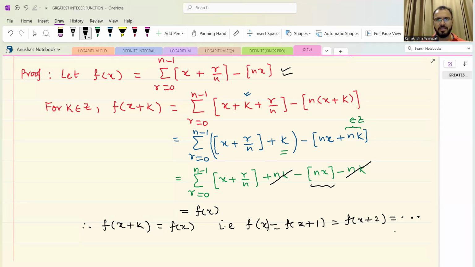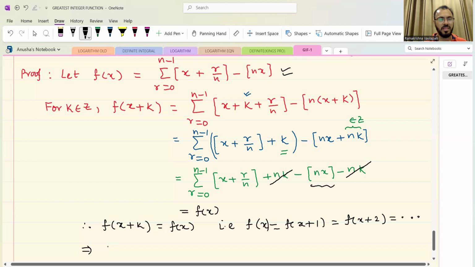If x is replaced by x plus 1, value is same. x plus 2, value is same. x plus 3, x minus 3, value is same. For which kind of function does the value remain the same irrespective of x? That is only possible for a constant function. So this implies f of x is constant.